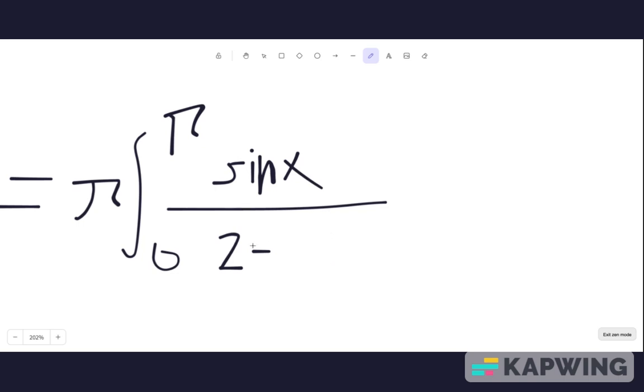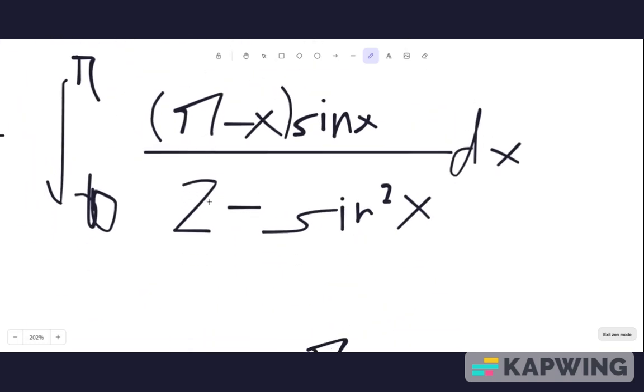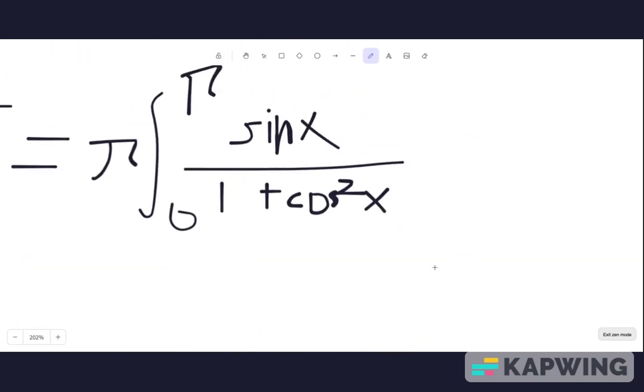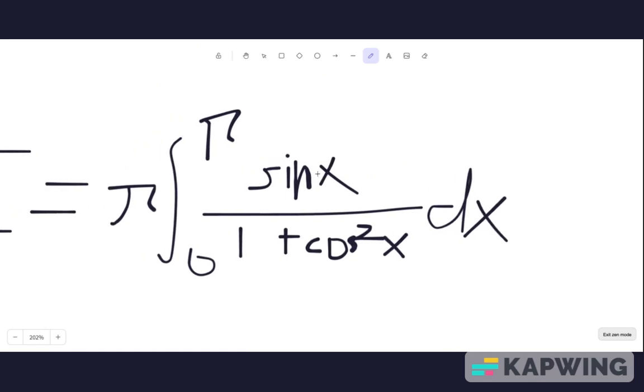Okay, we can use substitution because this is now a really simple integral. Using the Pythagorean identity, we can simplify this to 1 plus 1 minus sine squared of x, which gives this.